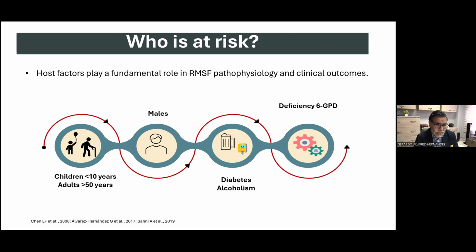Among the most important risk factors that we have observed in almost 2 decades are the following: children less than 10 years old and adults more than 15 years old, males, and some chronic conditions, particularly alcoholism or type 2 diabetes.